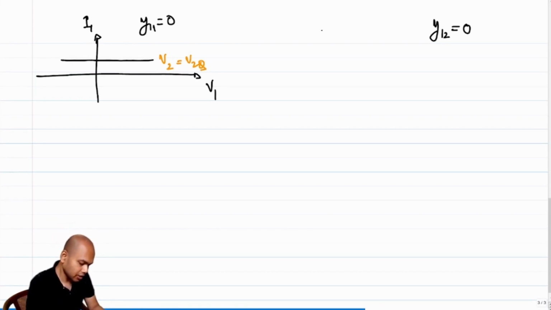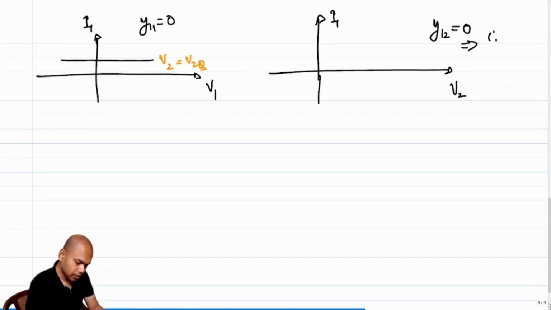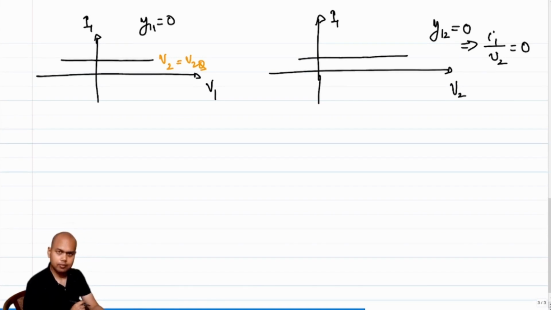Y12 signifies the relationship between the incremental I1 and the incremental V2, or in other words, small I1 over small V2 is equal to 0, right? So again, similar to the curve of y11 equal to 0, this will also be a straight line, right?